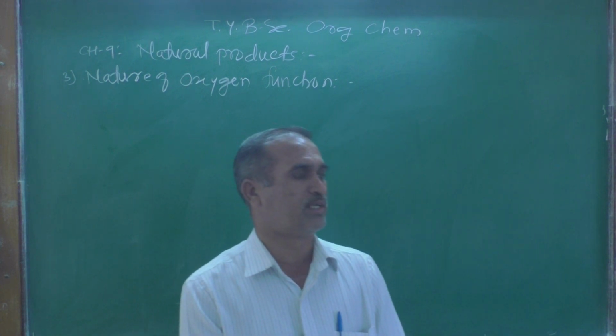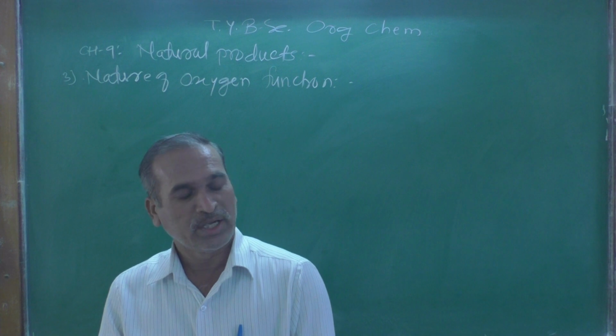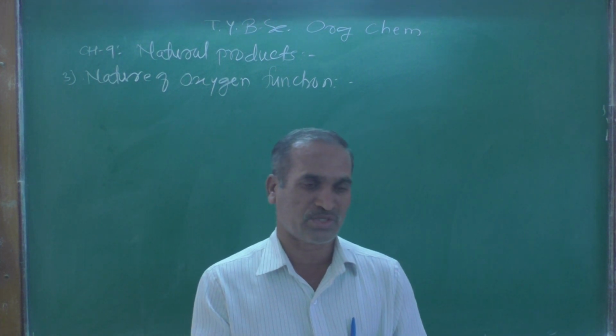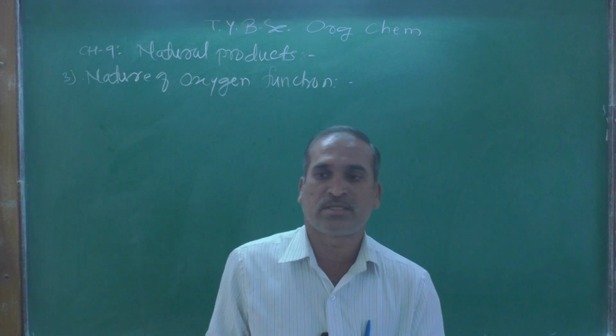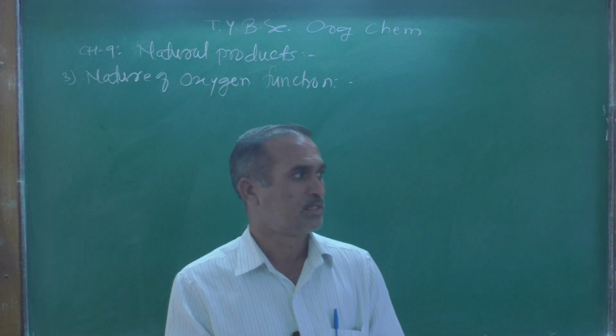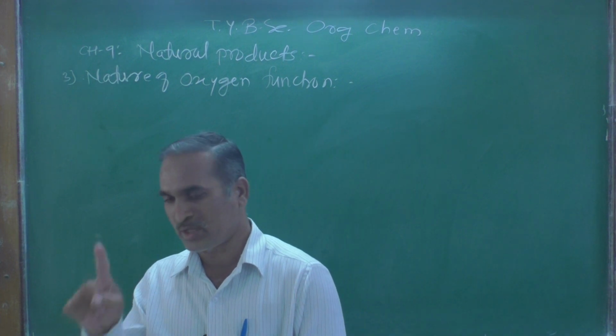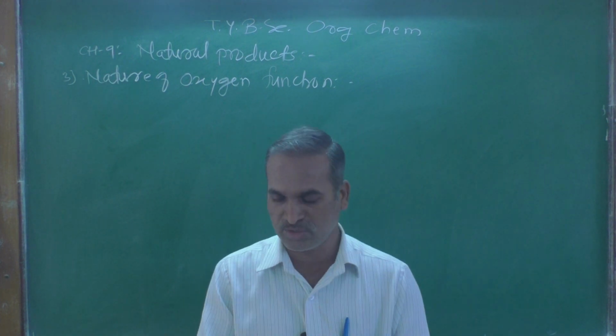The second point we have discussed is detection of unsaturation. Detection of unsaturation is the second step required for the structure determination of terpenoids. What is detection of unsaturation?